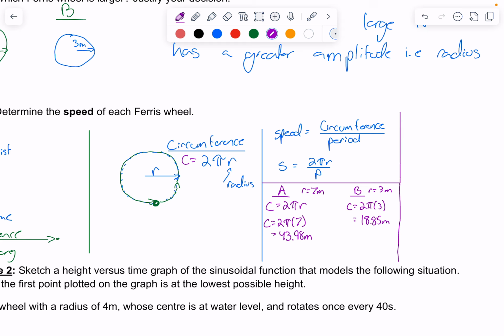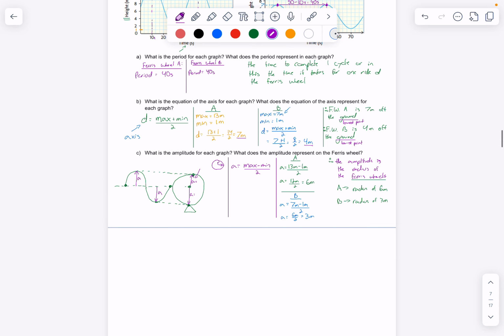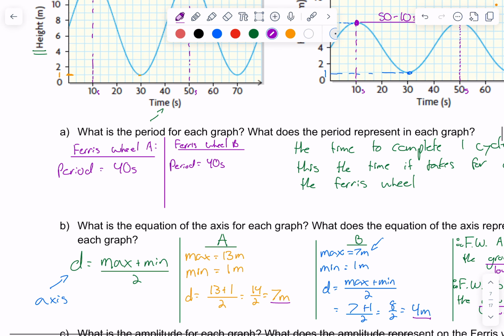So the speed of A. Okay, so our S is equal to C over P, circumference over P, which we have our circumference being 43.98, and our period was how long it took us to do one revolution. So we found that at the very beginning, right? Going way back up here, the period of each of these was 40 seconds.